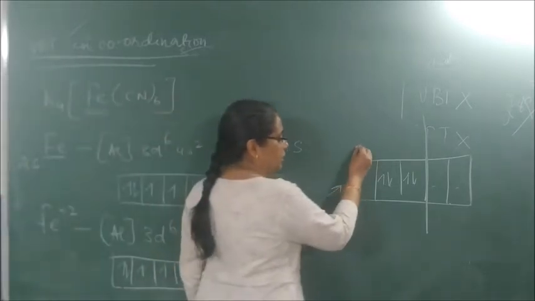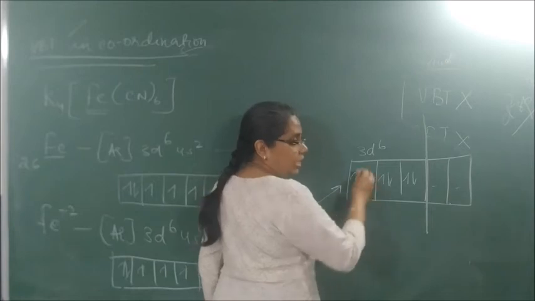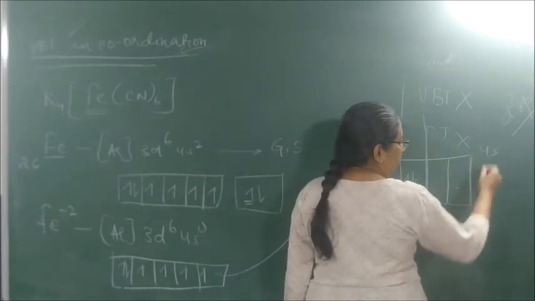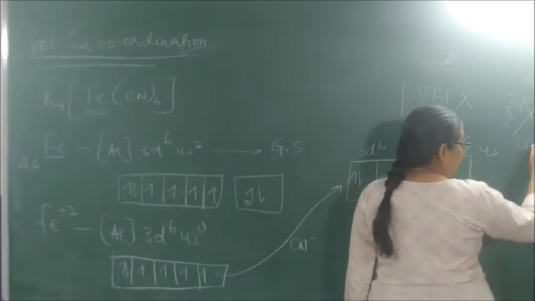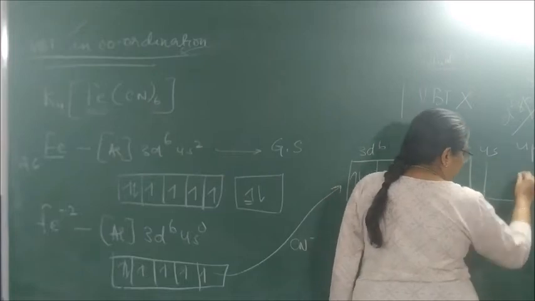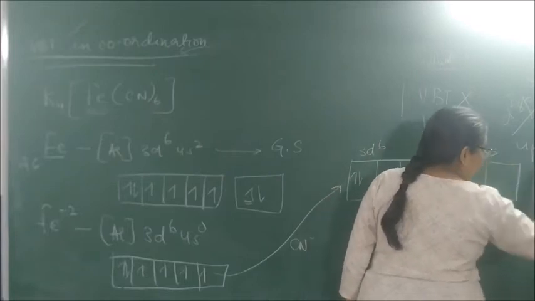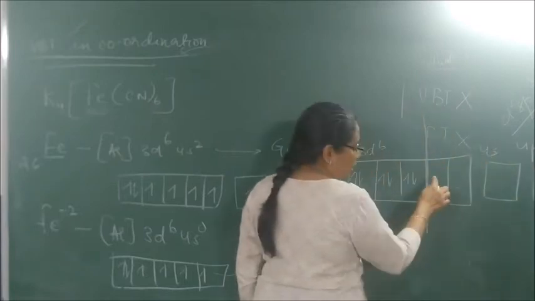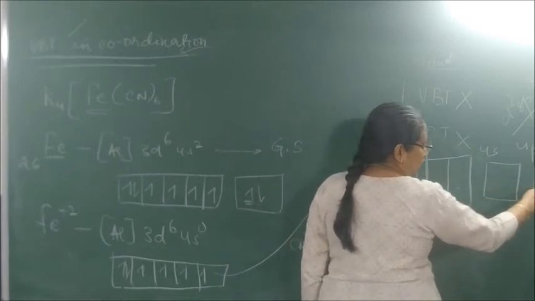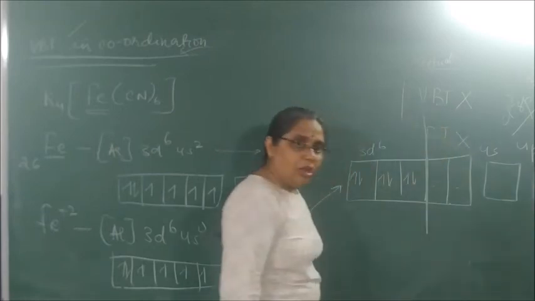I have this as 3d6. What is the next orbital? 4s. What is the next orbital? 4p. So I have 1s and 3p orbitals. So see, 1, 2, 3, 4, 5, 6. 6 orbitals are there.